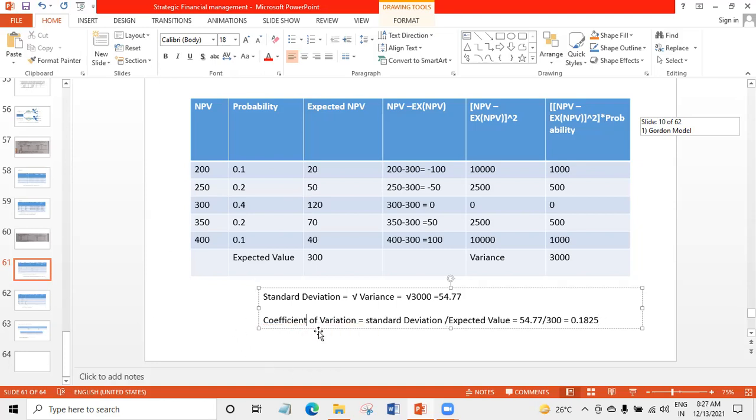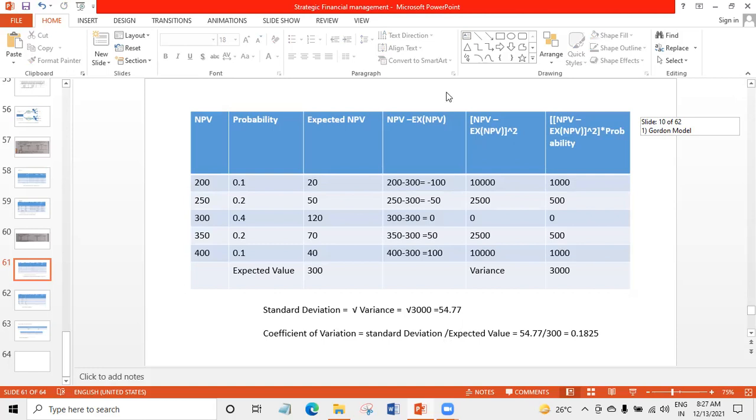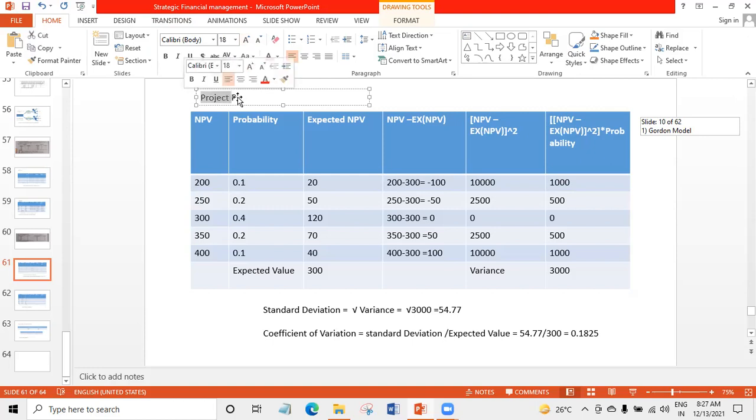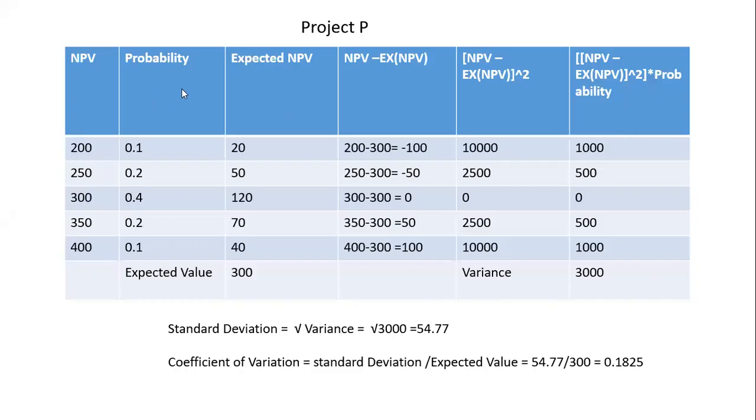This is the coefficient of variation for project P. The coefficient of variation is 0.1825 and the standard deviation is 54.77.